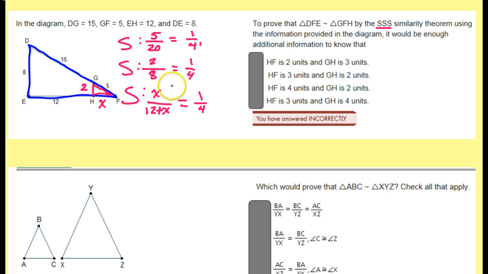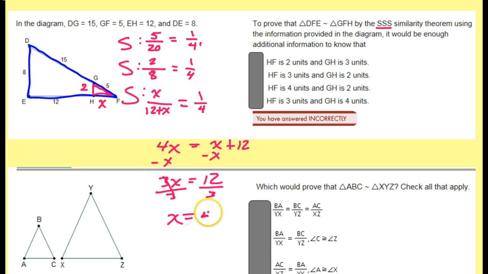To solve this equation, I would cross multiply. So I would do 4 times x, and then 1 times 12 plus x, which is just 12 plus x, or I could write x plus 12, same thing. I would solve this by subtracting x from both sides, so now I would have 3x equal to 12. Then I would divide both sides by 3, and I would get x equals 4.